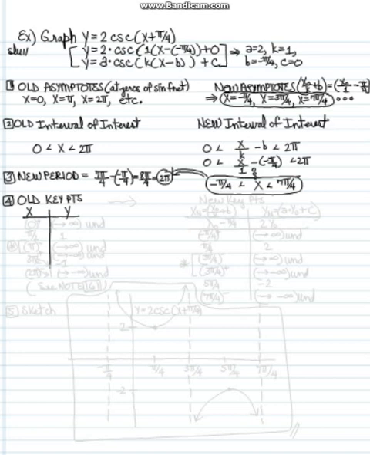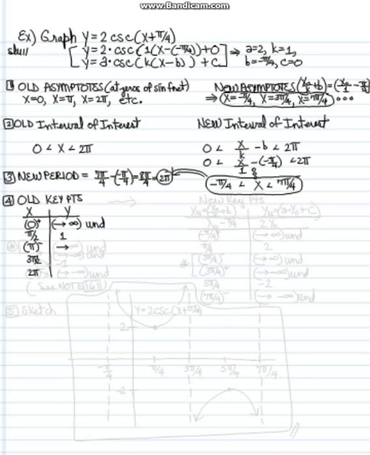The old key points from note 161 for our cosecant were 0 from the positive side, pi over 2, and then pi from the negative and the positive side, 3 pi over 2, 2 pi from the negative side. There's lots of asymptotes going on here. So from the positive side of 0, the y values are approaching infinity. It's undefined. At pi over 2, it's equal to 1.